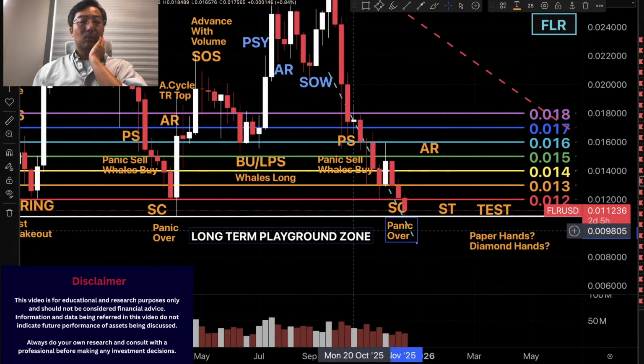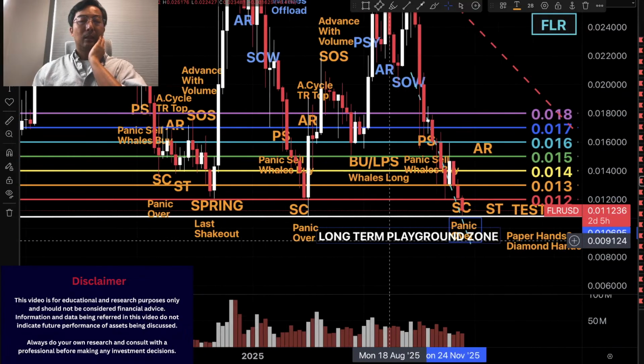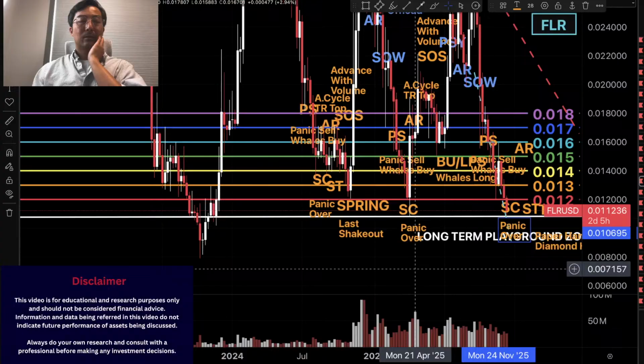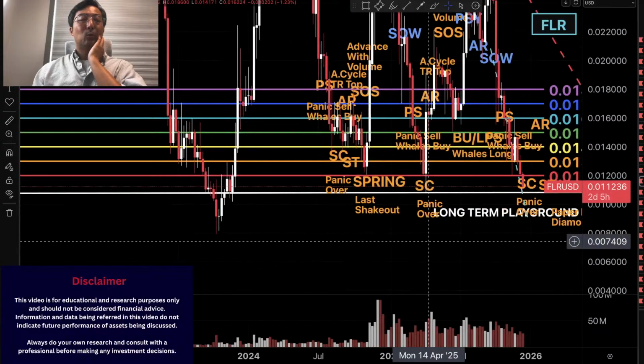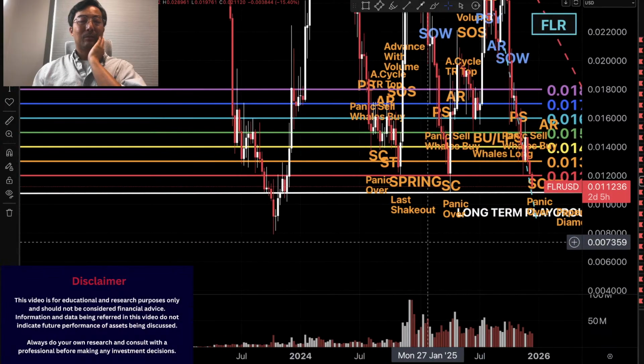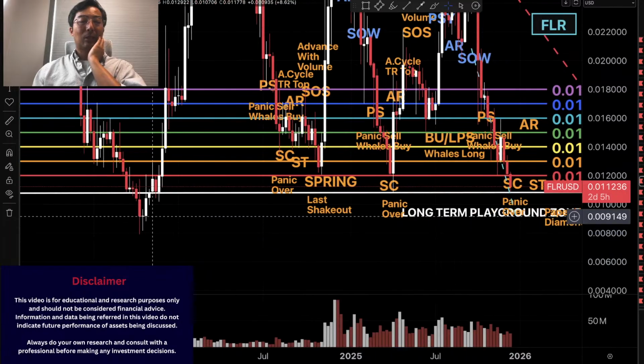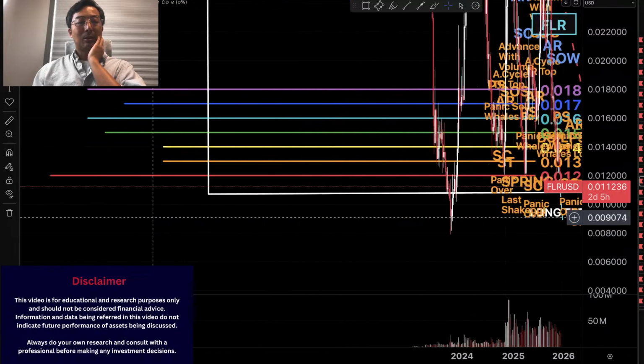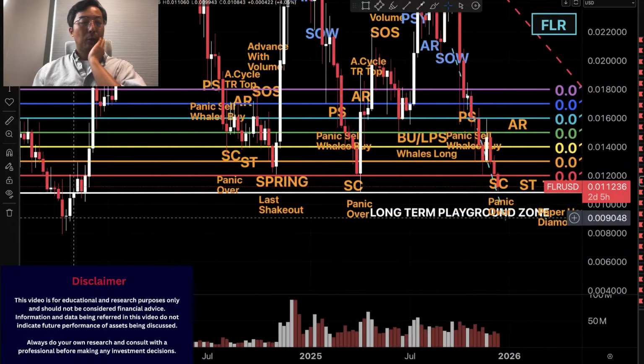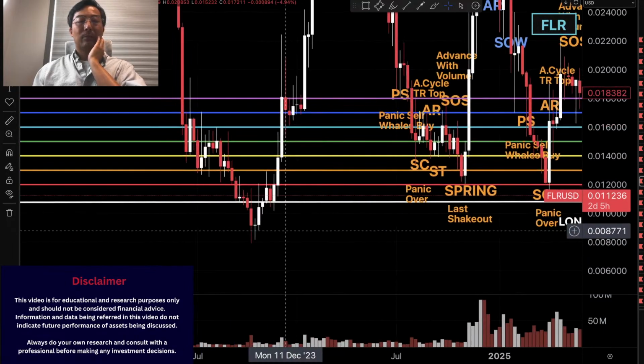However, this looks way, I want to say way different from some of the others, but when looking at the left, it actually isn't. It's actually pretty similar to EGLD we just saw.